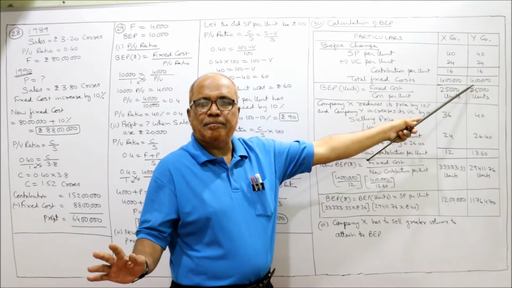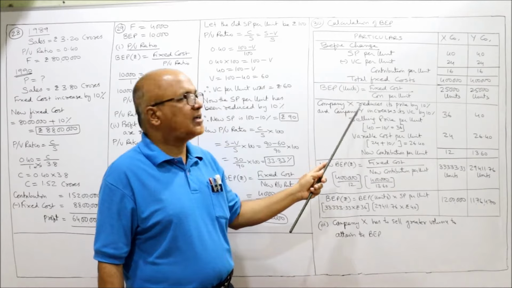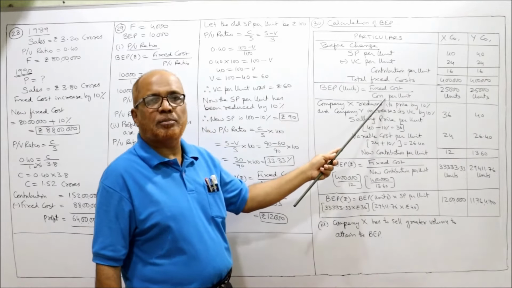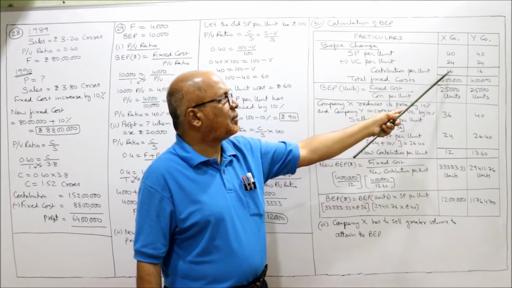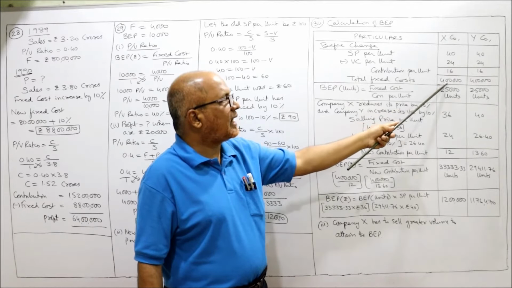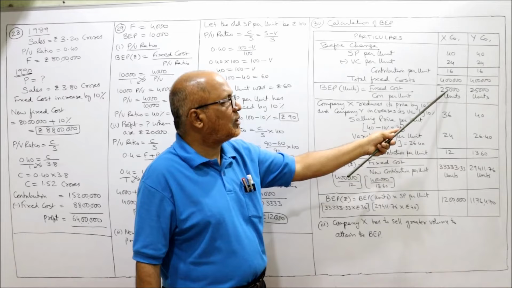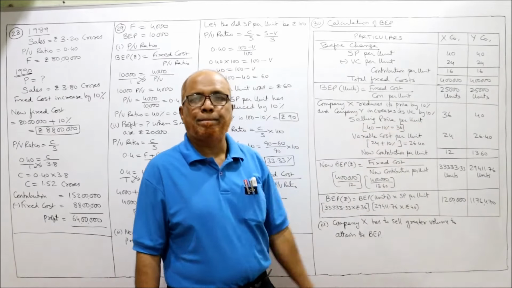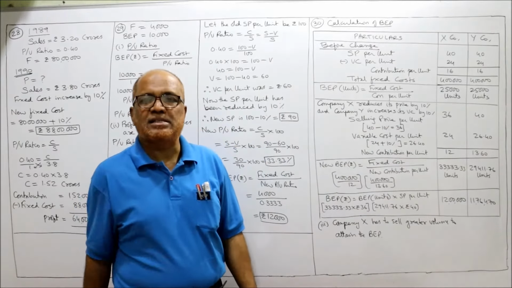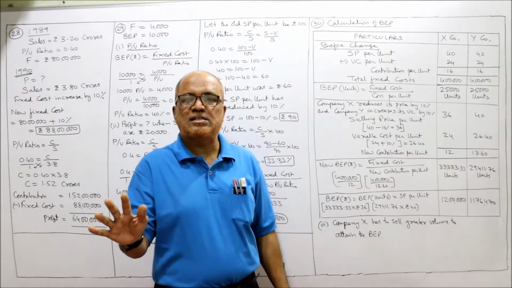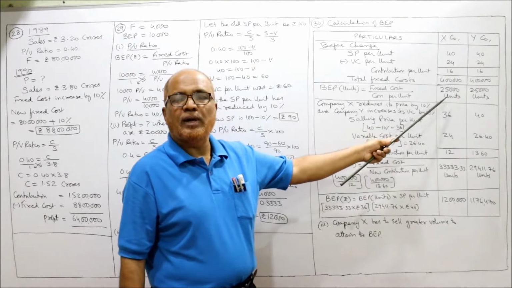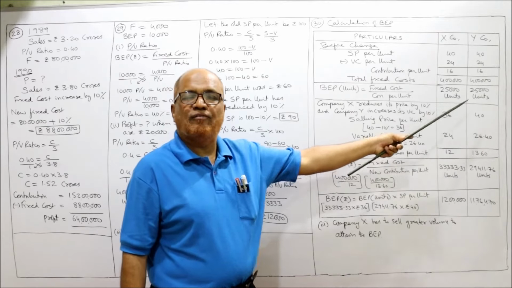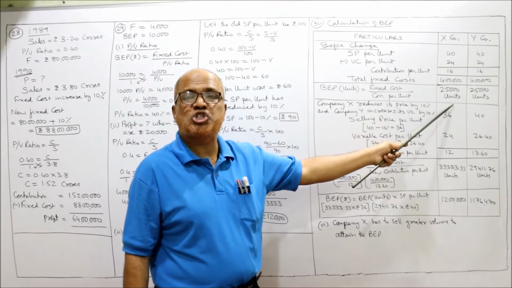दोनों कंपनी का सेम. तो BEP in units is equal to fixed cost by contribution per unit. Fixed cost is 4 lakh. Contribution per unit 16. So 4 lakh divided by 16, you will get 25,000 units. So both the companies, the BEP in units is 25,000 before change.